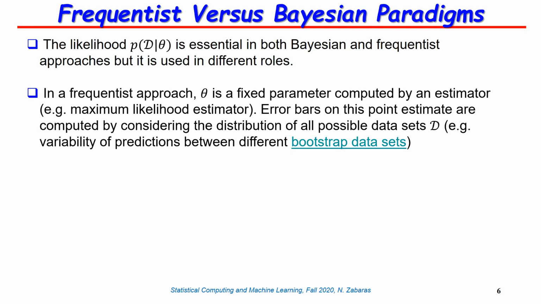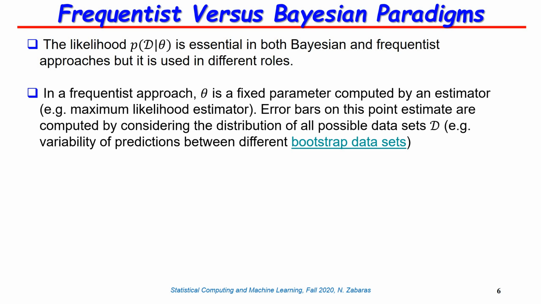Now, in the frequentist approach, you will also see confidence intervals and error bars on the parameters theta. The difference is that these error bars are not induced because you have computed some posterior, but basically they express the uncertainties in a deterministic estimator for theta using different data sets.